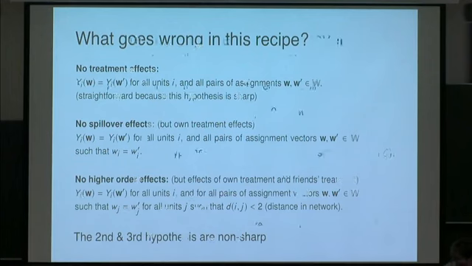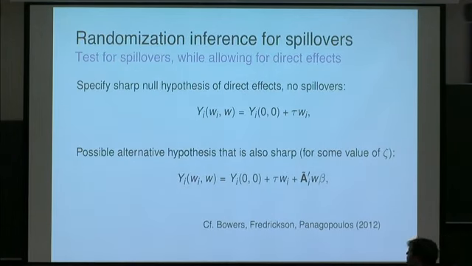Okay. So one way to do that is to posit a particular model of the direct effects. So we could say that the outcome for some individual, as a function of their own treatment and the full treatment vector, is just their outcome under no one being treated plus the direct treatment effect. And so everybody has the same treatment effect for being themselves treated, which is tau. We're just going to posit some treatment effect tau that's constant across everyone.